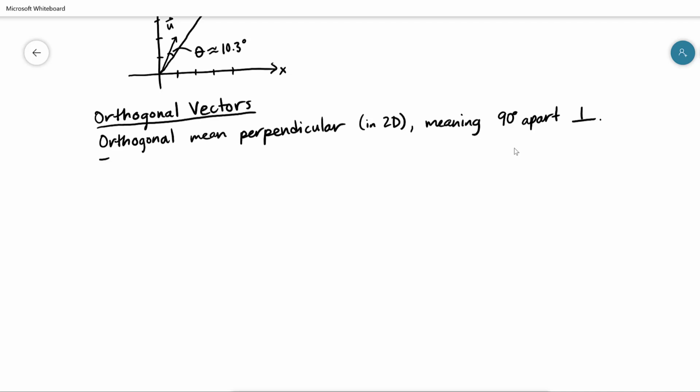So, if two vectors are perpendicular, or I should say, let me use the word that we're supposed to be using, are orthogonal, then the theta, that angle between them, will be equal to 90 degrees, or in radians, that's pi over 2.